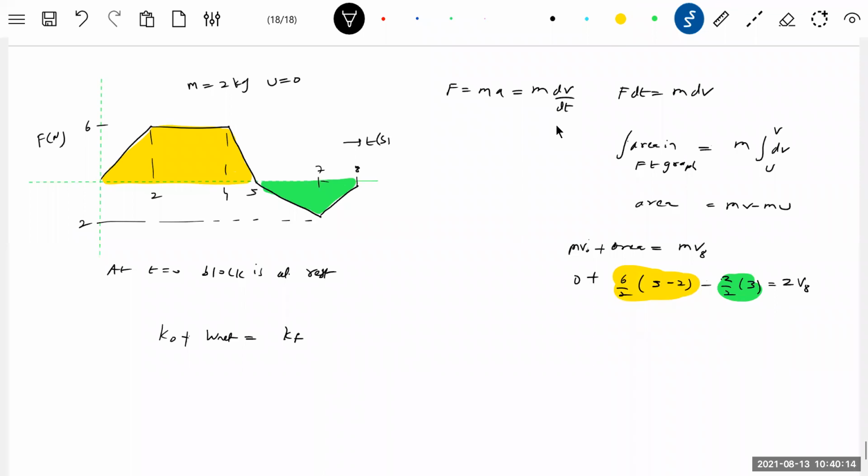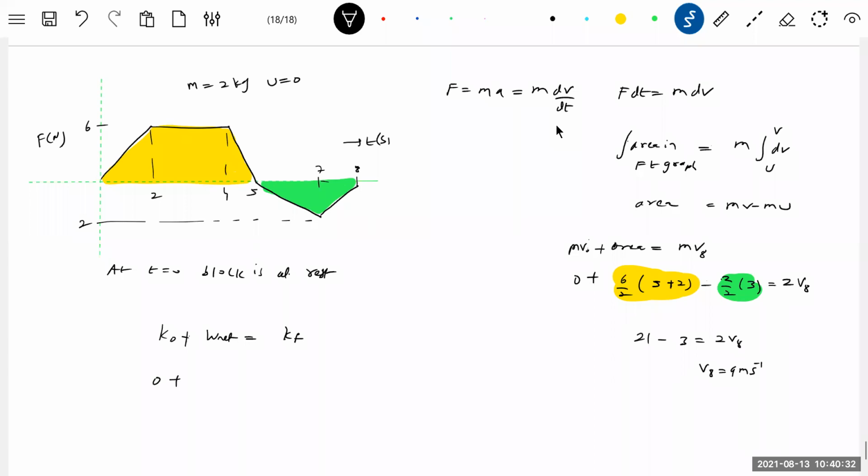Plus sign, yes, I forgot. 6 sevens are 42, 42, 21. 21 minus 3 equals 2 V8. V8 is 9.